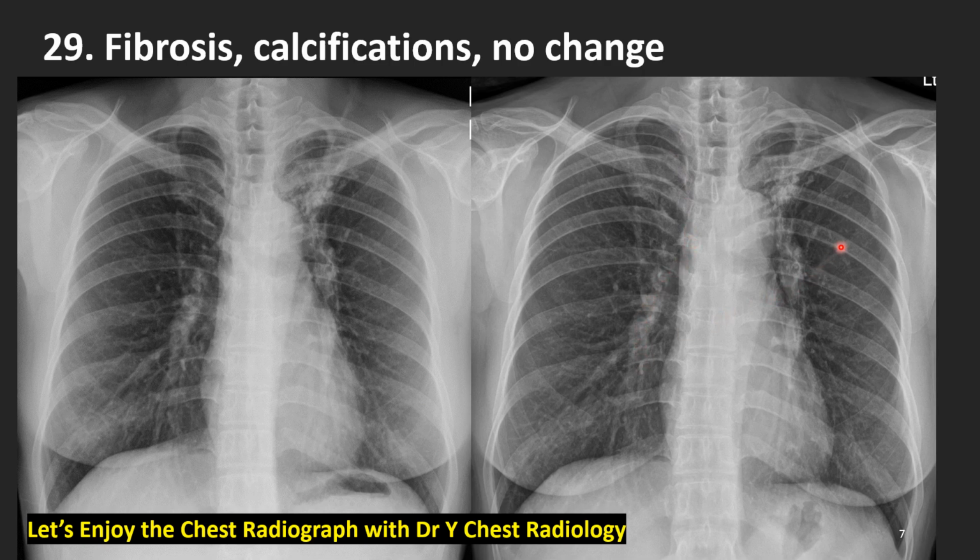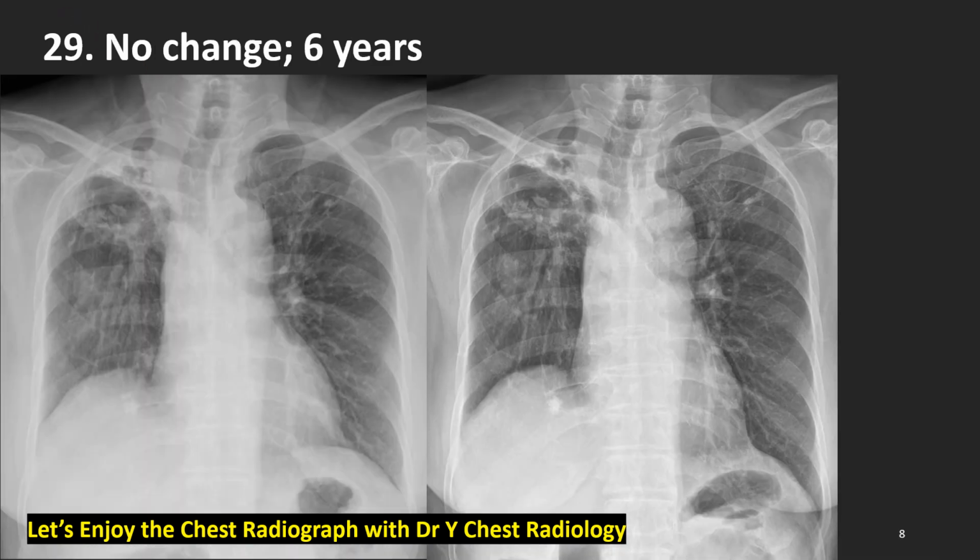Yes, the left side is different from the normal side, but has not changed for several years. This is no change for more than 6 months. Stable tuberculosis. This old woman's chest radiographic findings haven't changed for more than 6 years.